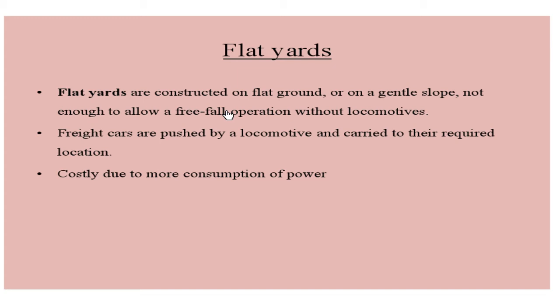And if you want to sort the coaches on different tracks and the complete system is made on a hill, then it is not required to use the engine power for the movement, because free fall of coaches can happen on a hill.